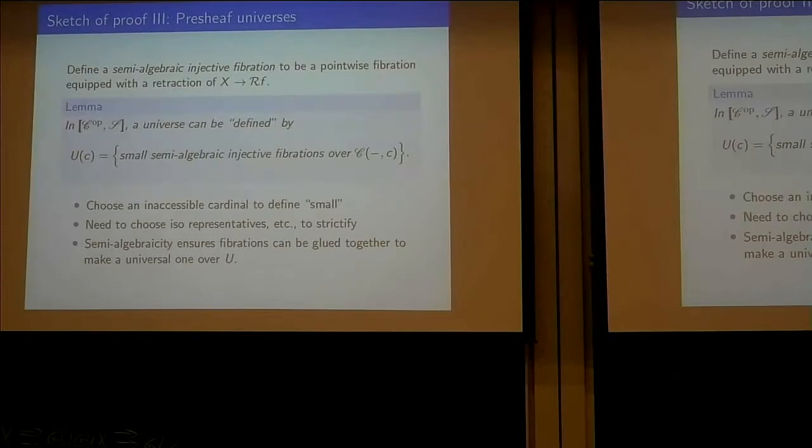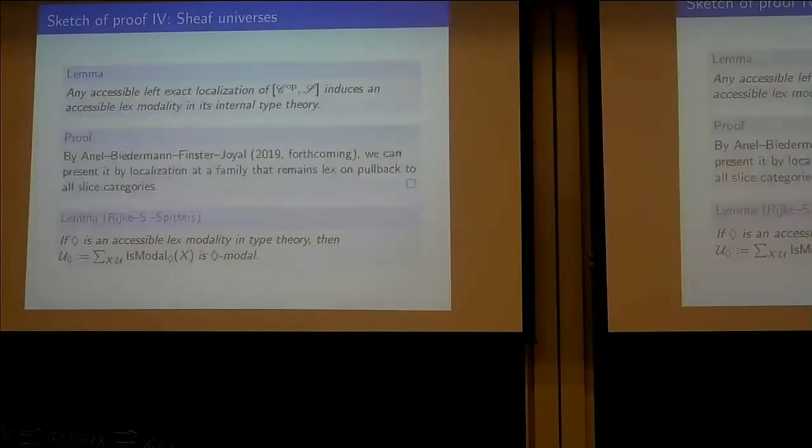So that presents the presheaf infinity topos. Now we want the sheaf ones too, so we have to look at these left exact localizations. Here we use a result by some people sitting in this room that characterizes the localizations that are left exact.